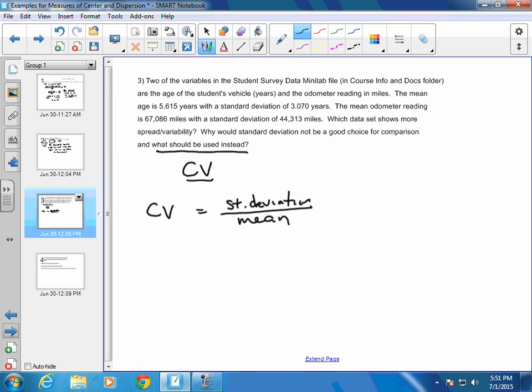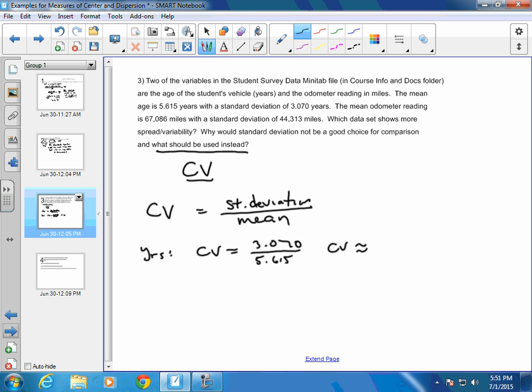All right, so let's take the years. If I take the 3.070, which is the standard deviation, and I divide it by 5.615, we're just going to round this off. Let me punch this up.